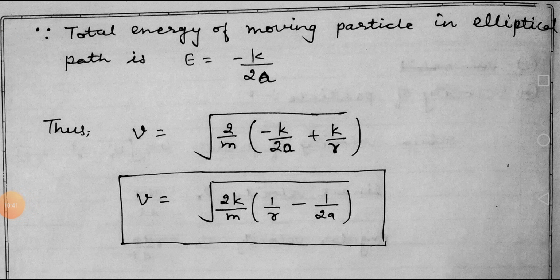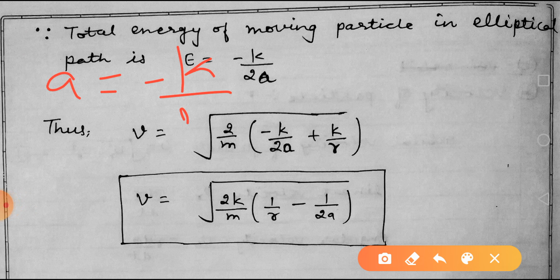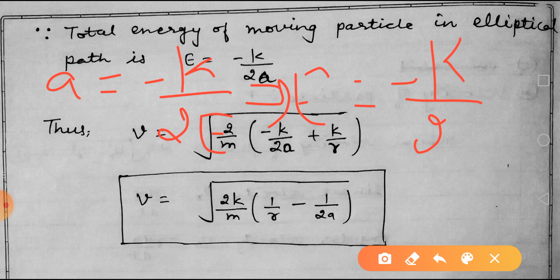And now we know that a is equal to minus k upon 2E. Previously we took the positive sign because time period is never negative, so we take this quantity as positive. And now a is equal to minus k upon 2E, then E is equal to minus k upon 2a.